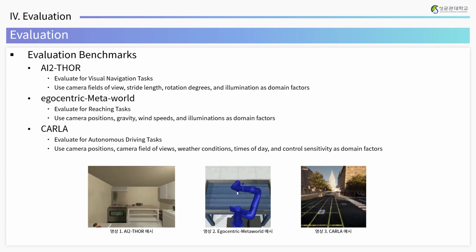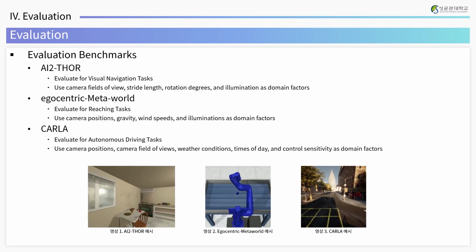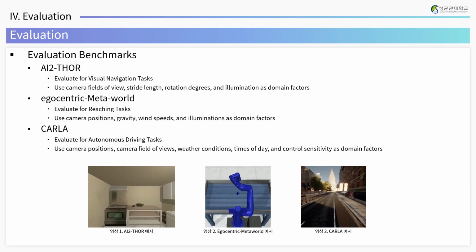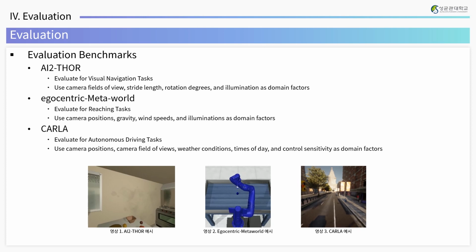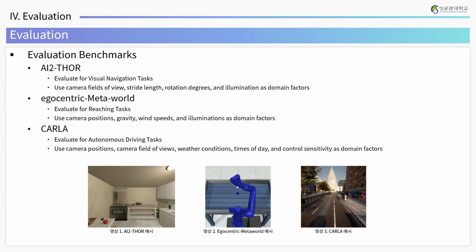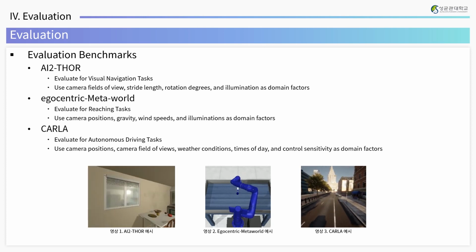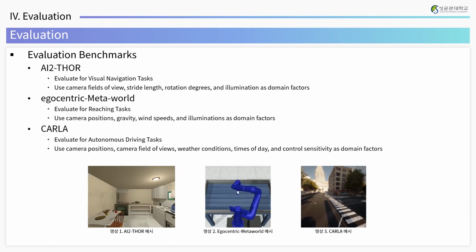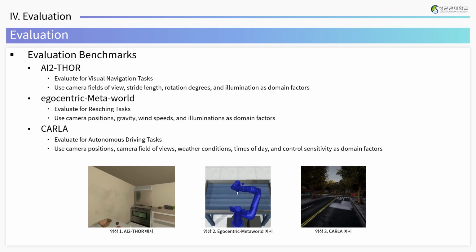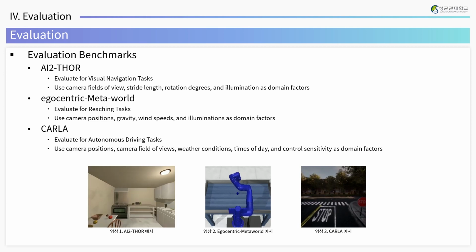For the CARLA simulator, we used two different autonomous driving maps. And to implement 50 different domains, we use camera positions, camera fields of view, weather conditions, times of day, and different ranges of action magnitudes as domain factors.